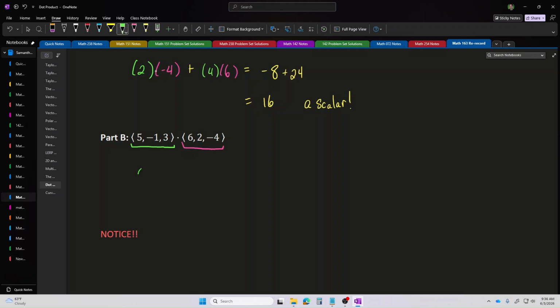To calculate this dot product, I would multiply together the two x components, 5 times 6, and then add in the product of the y components, -1 times 2, and then add in the product of the two z components, 3 times -4, and then add all those results together. So that's 30 - 2 - 12. That is, again, 16. That's an incredible accident of these two problems I have created.